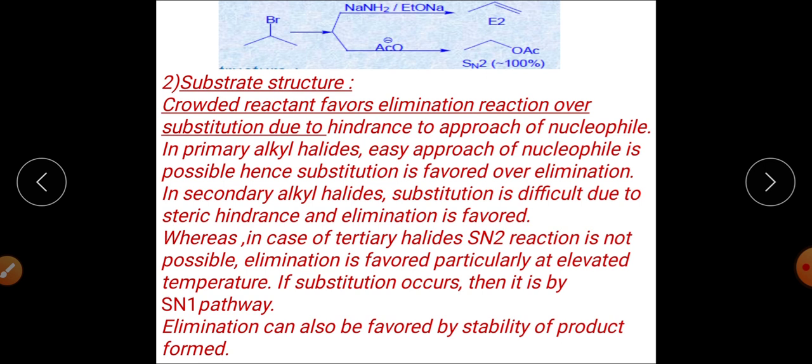What is the reason behind that? If we are talking about the tertiary alkyl halide, you can see that for the nucleophile to attack on the carbon, there is a steric hindrance of the bulky groups which are present on the carbon.